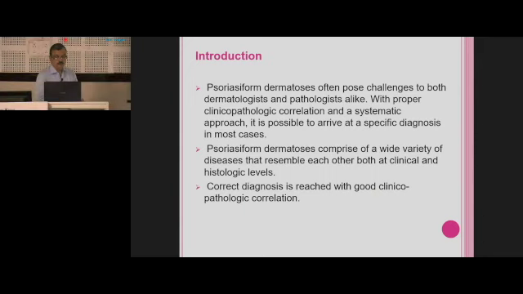The psoriasiform dermatosis comprises a wide variety of diseases that resemble each other at both clinical and histologic levels, some of which show overlap. However, it is possible to give a specific diagnosis in most cases with a logical and systematic approach.